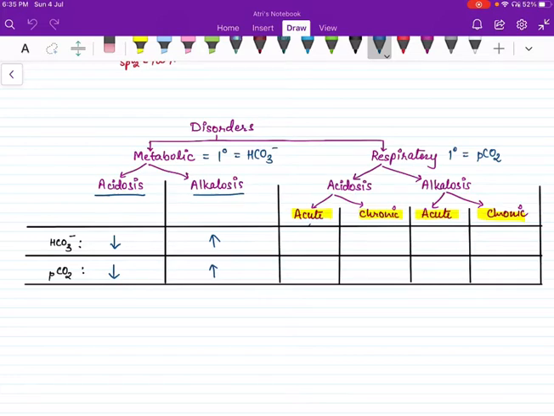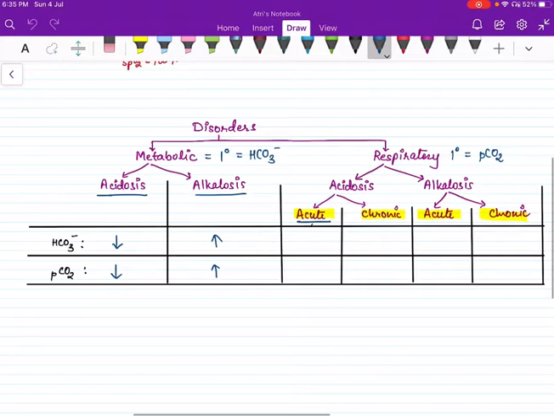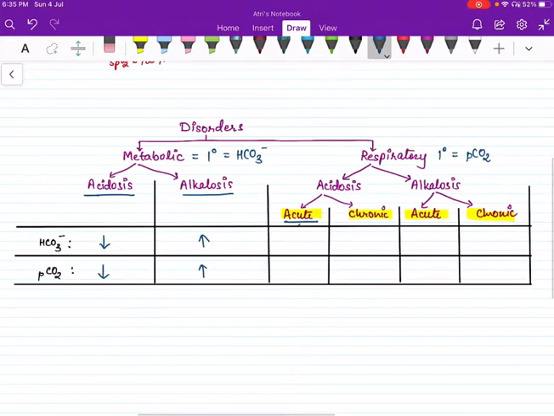So based on whether compensation has occurred or not, they are further classified into acute or chronic. So coming to acute respiratory acidosis, the primary pathology is in PCO2 levels, so it will be increased. And also in chronic respiratory acidosis, PCO2 levels will be increased. But in acute respiratory acidosis, the compensation would not have taken place, so the bicarbonate levels will be normal.